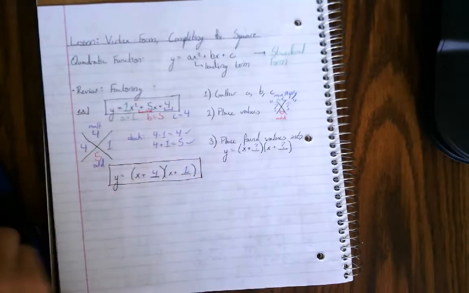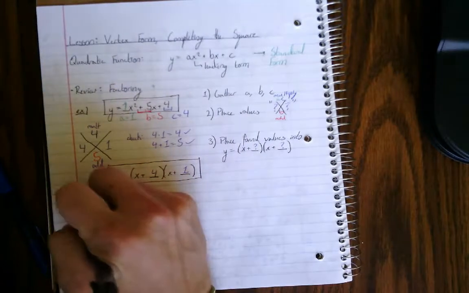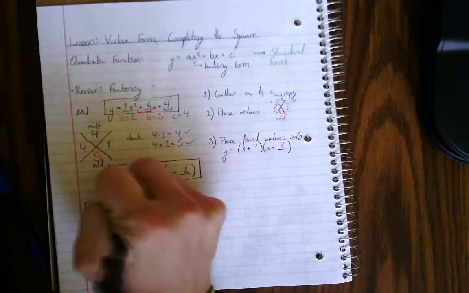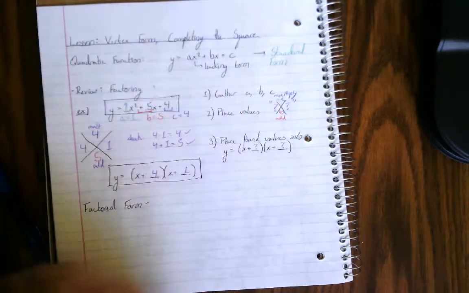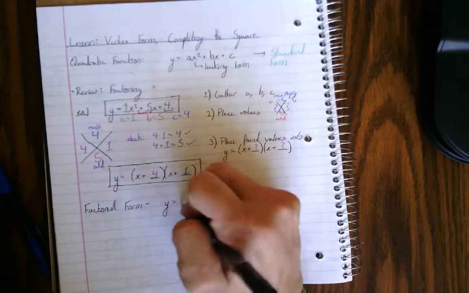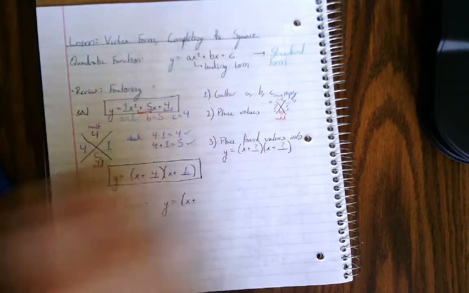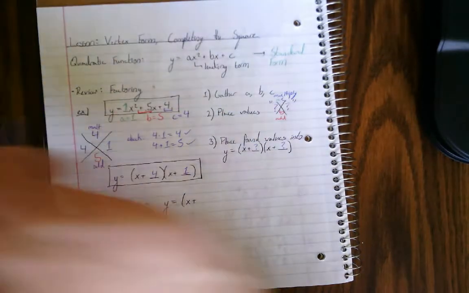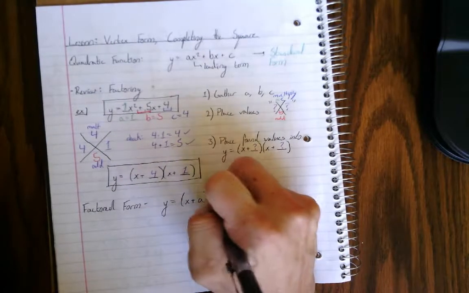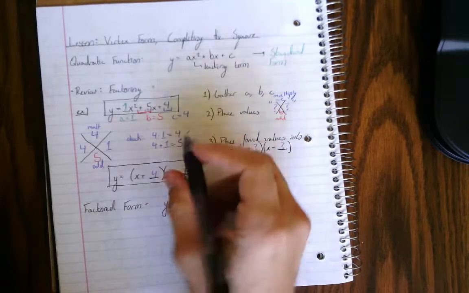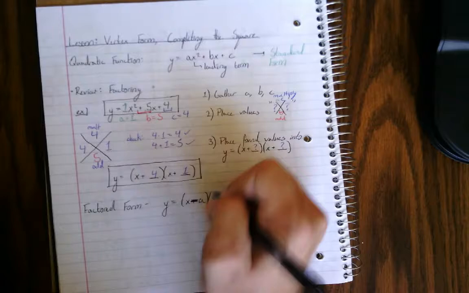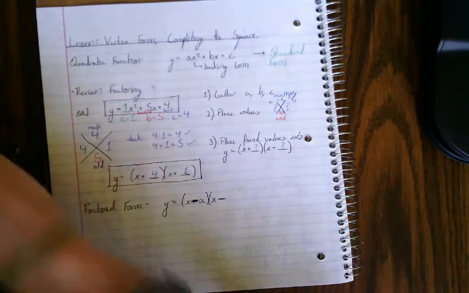But with this form, we call this factored form. We can see that, just most general, x plus a times x minus b.